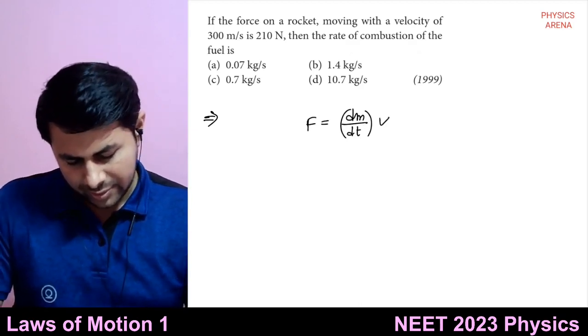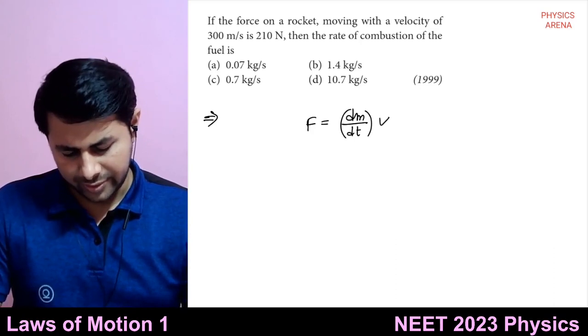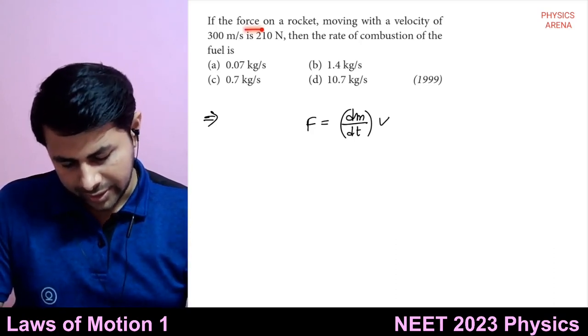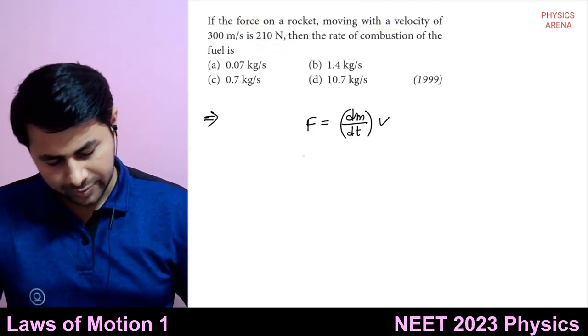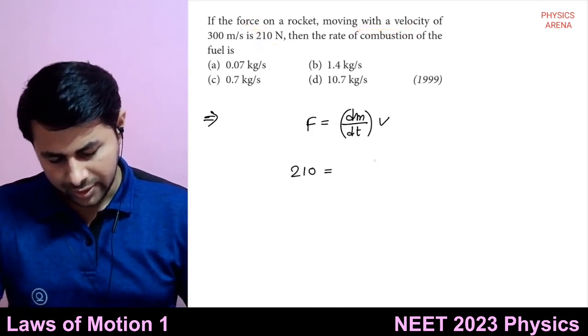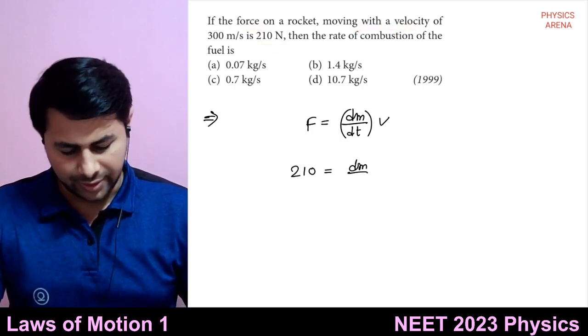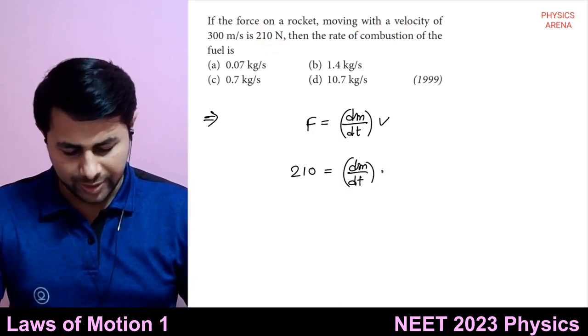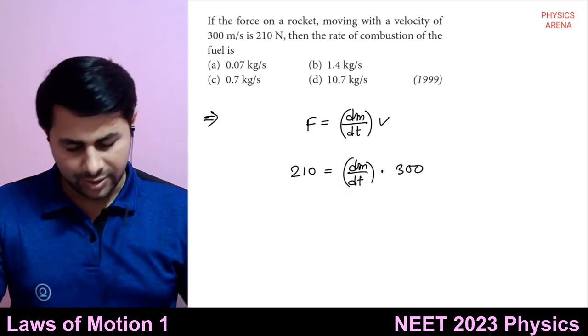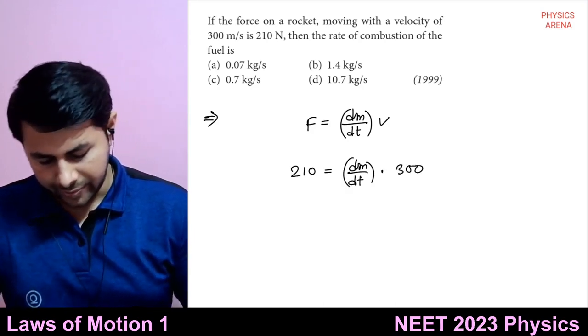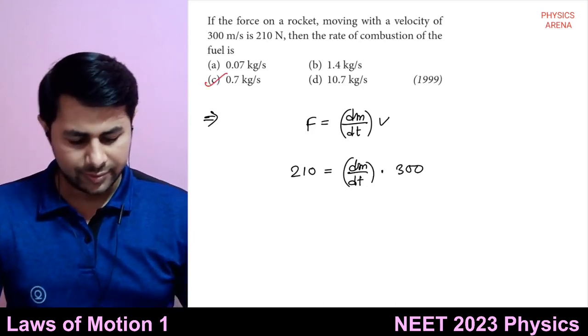You want to find out dm by dt, so dm by dt multiplied with v, which is 300, equals 210 Newton. So 210 divided by 300 is 0.7. Good, so this is the answer.